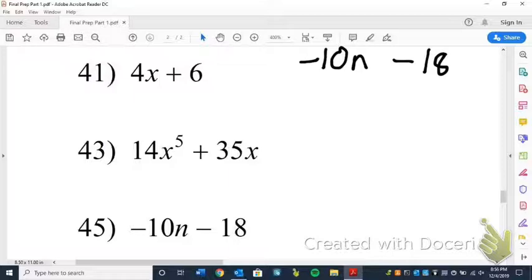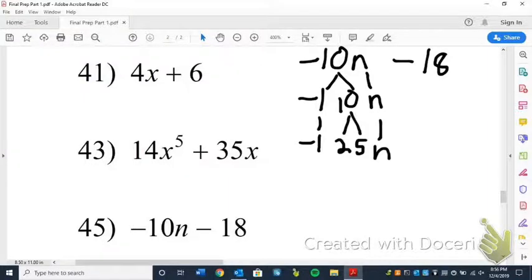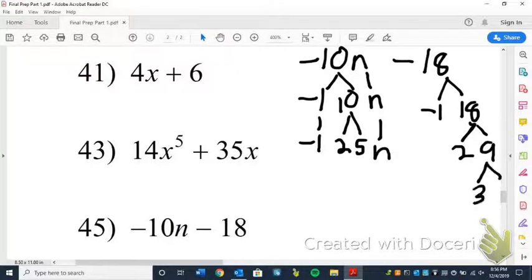So, we're going to first do the prime factorization. So -10n breaks down to -1 times 10 times n. -1 times 2 times 5 times n. And then -18 gives me -1 and 18. 18 is 2 times 9. 9 is 3 times 3.